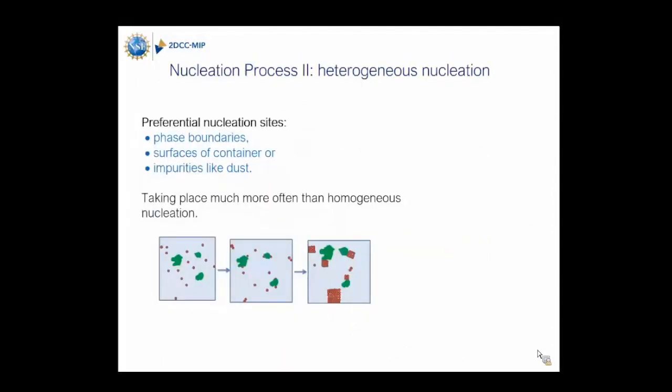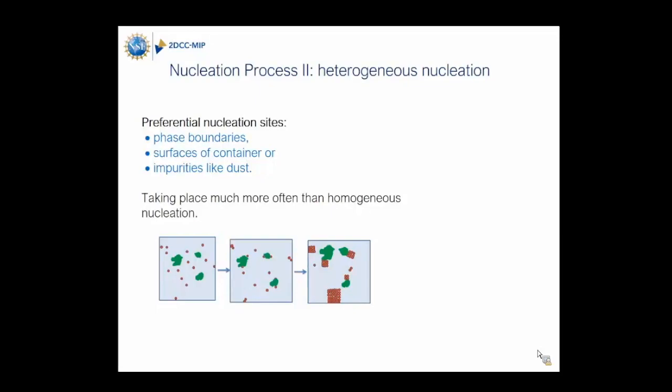The other nucleation process is heterogeneous nucleation. This happens when the solution has impurities, like dust, or also a phase boundary, or even the surface of a container can serve as nucleation sites.